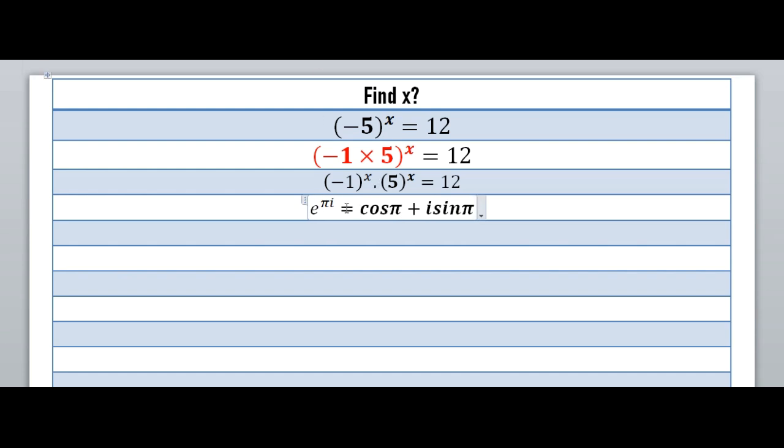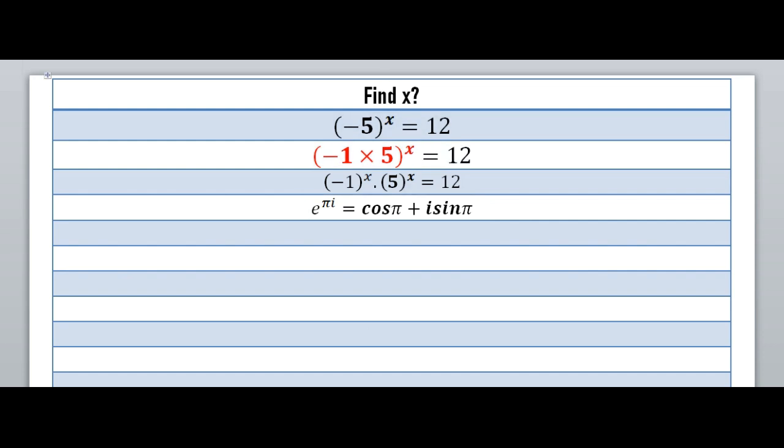Remember, if theta is the angle, Euler's equation is exponential theta I equals cos theta plus I sine theta. So if theta is pi, where there is theta, we put pi. We'll have exponential pi I is equal to cos pi plus I sine pi.